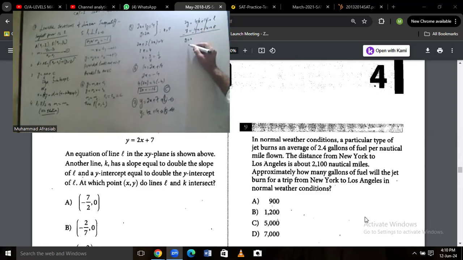So y is equal to 0. Put in any one value: 0 is equal to 2x plus 7. 2x is equal to minus 7, or x is equal to minus 7 over 2. So the point (x, y) will be equal to (-7/2, 0). And that is the answer, choice A.